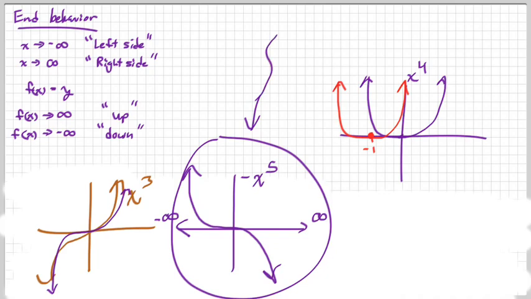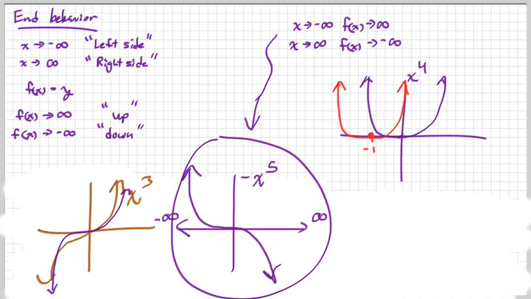If I was asked to describe end behavior for this one, I would say as x approaches negative infinity, f of x approaches, what would you say? Infinity. The left side of the graph goes up. As x approaches positive infinity, f of x approaches negative infinity. And that's for this graph right here. As I go to the right side of the graph, the function points down.